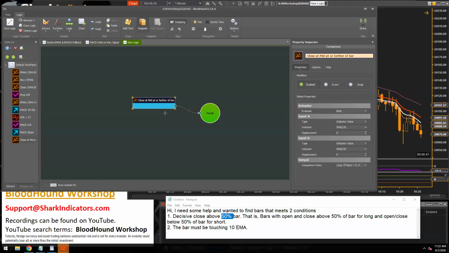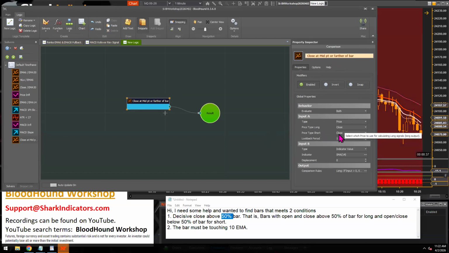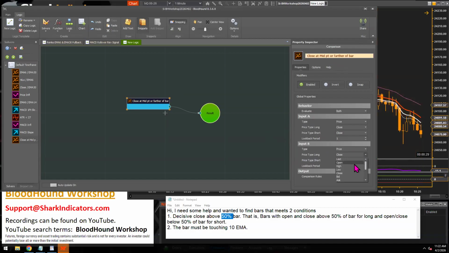All right, so the midpoint or further. So input A is going to be the bar prices, so the closing price. Input B is also going to be price. But this time, we want that price to be, let's see, not the median. Where is it?